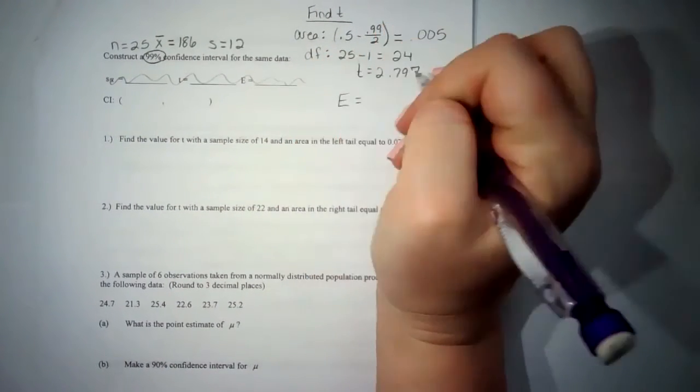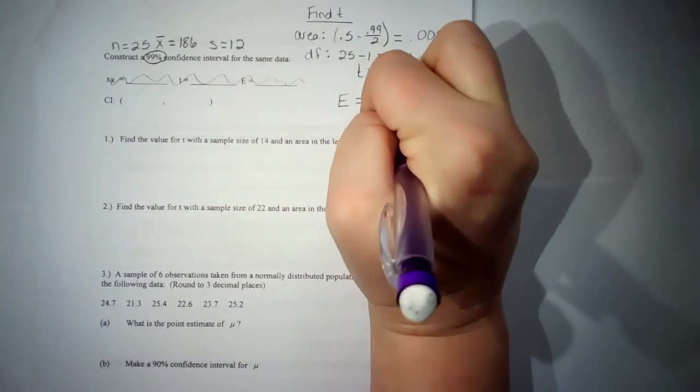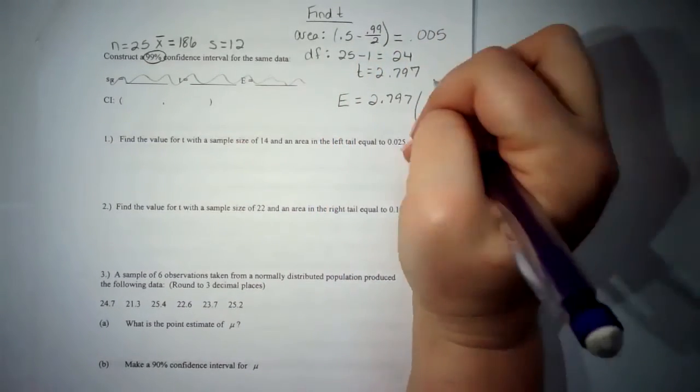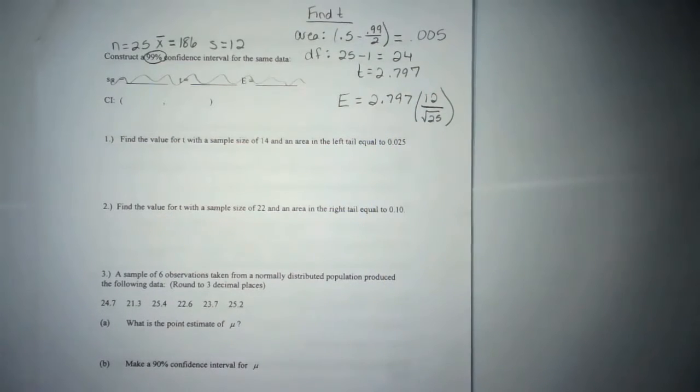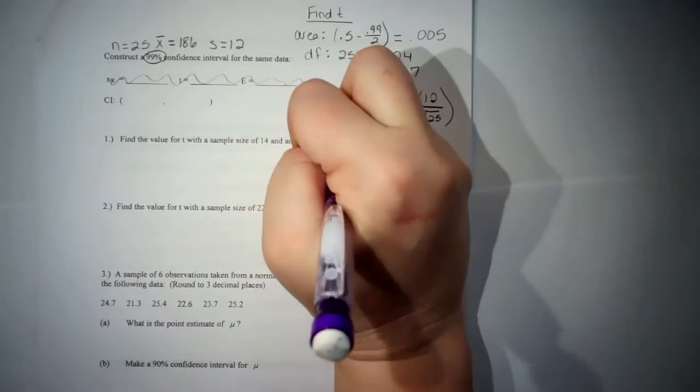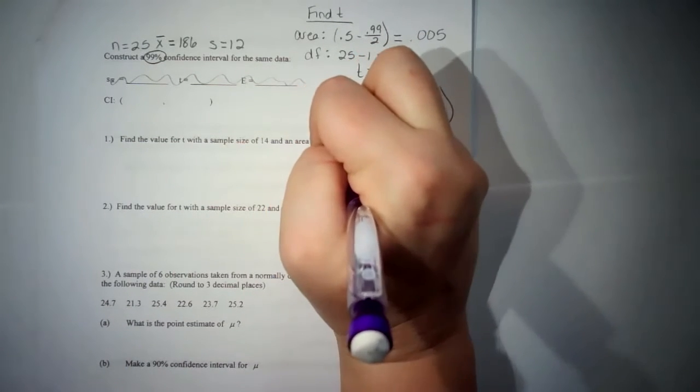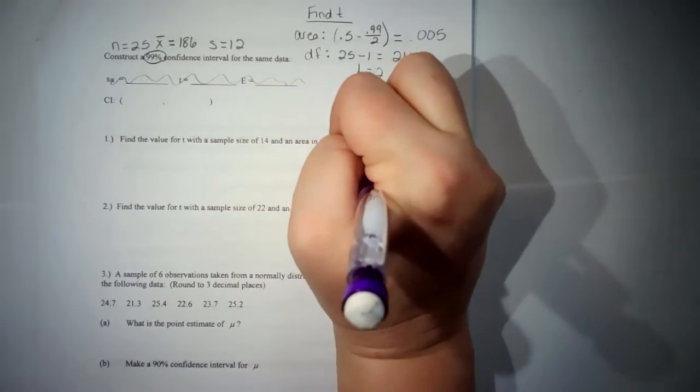So my E is going to be T times S divided by the square root of N. It's going to give me an E of 6.71.